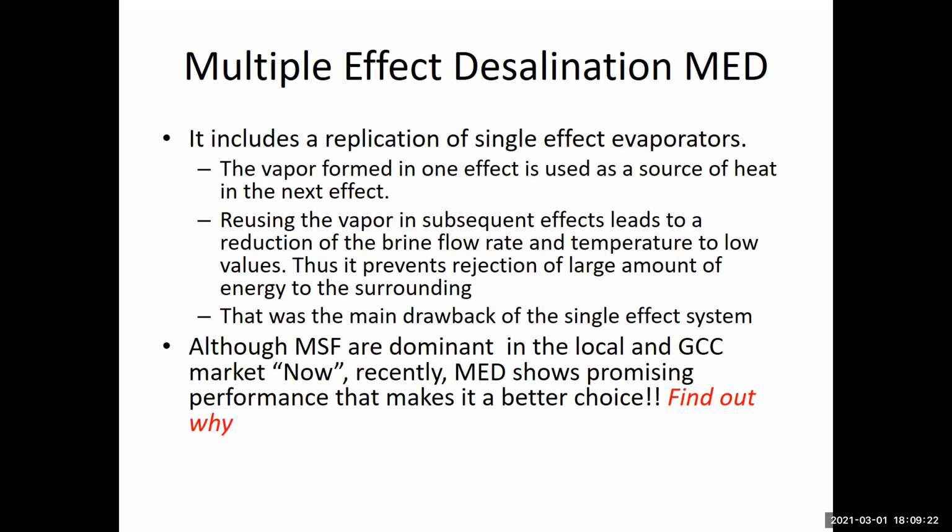Okay, 1 kilogram per second of steam inside the tubes will condense, give the latent heat, and this latent heat is going to produce 1 kilogram per second of distillate.